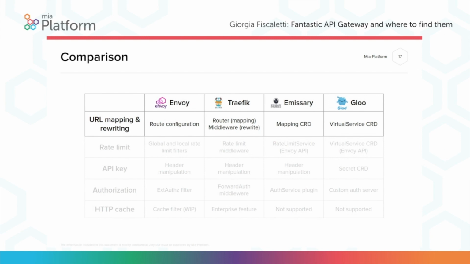In Emissary, for both URL mapping and rewriting, we have a dedicated custom resource definition, which is called mapping, where we can specify a list of matches with the URL, the corresponding underlying service, and the eventual rewrite. And we can do something similar in Glue, thanks to the virtual service custom resource definition. Again, we can specify a list of matches with the URL, the corresponding service, and a possible rewrite.